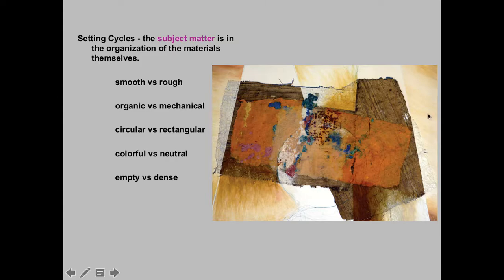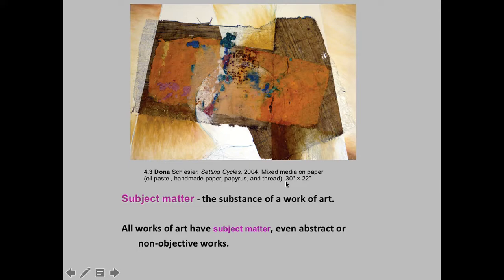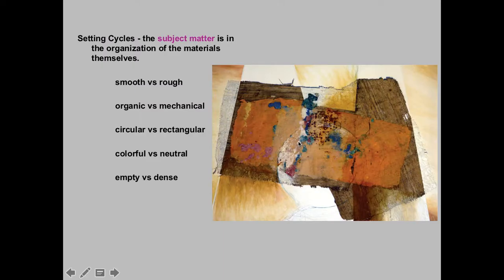It's almost at the point of non-objective, but it's giving us this title, Setting Cycles, and it's got kind of a moon-shaped sphere here with sort of pockmarks, so it has this look of the moon. Could be the sun as well.